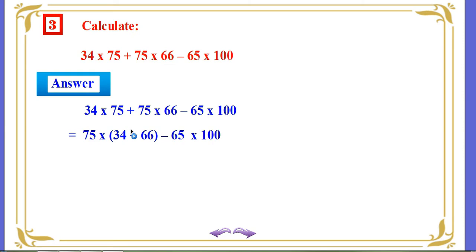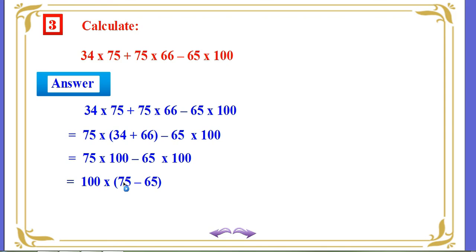The result is 75 multiplied by 100 minus 65 multiplied by 100. You continue to have the difference of two products. They have the same factor 100. So you multiply 100 by the difference of the other two factors.